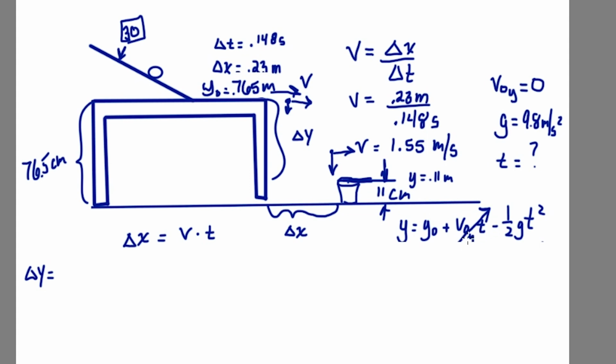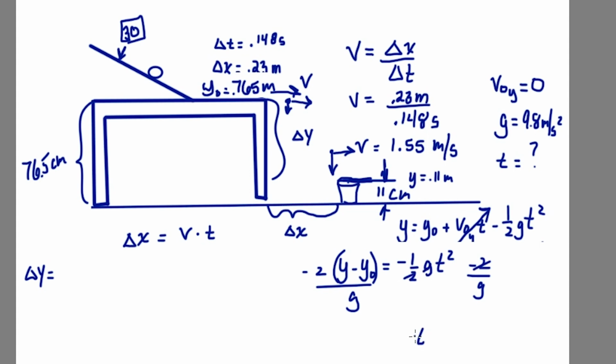We know our v sub o sub y is 0. So if I subtract y sub o to the left side, and I'm saying this is 0, so I'm not even going to write it, and we multiply by -2 to the other side, and then divide by g. That's going to cancel that and that.